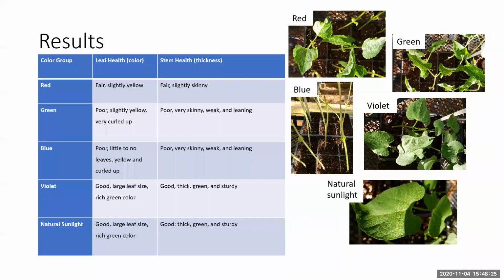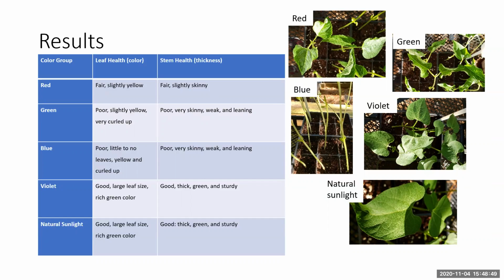Green and blue plants were both in very poor health. Leaves were discolored, curled up, slightly yellow. They weren't green, and the stems of the blue plant group were extremely elongated and thin.